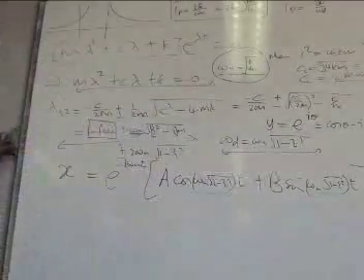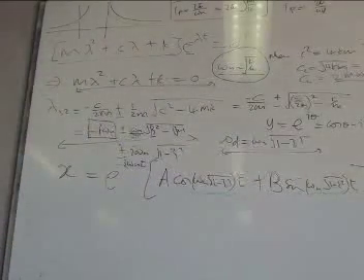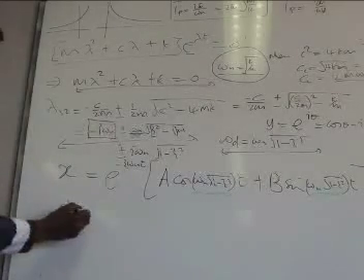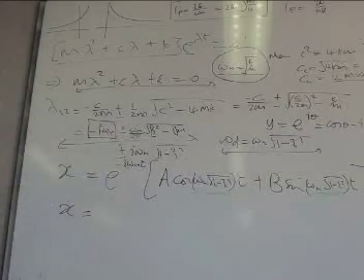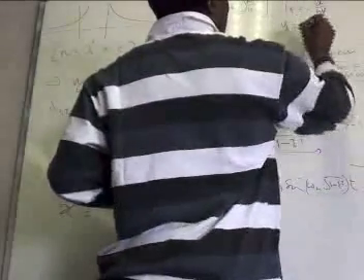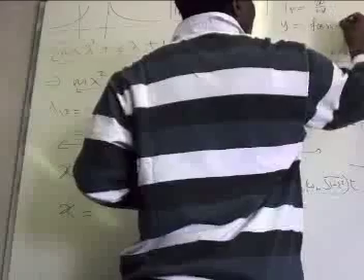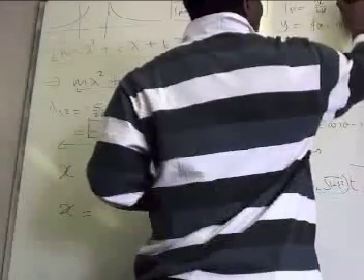Now we want to find the velocity. What's your velocity? x dot is equal to. Now if you have two terms, y is equal to f(x) times g(x). What is y dot?